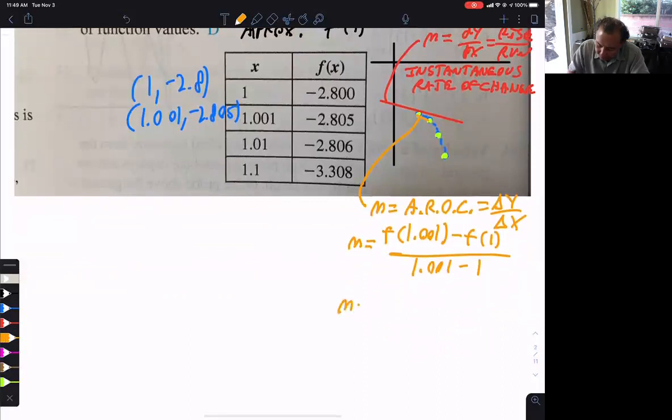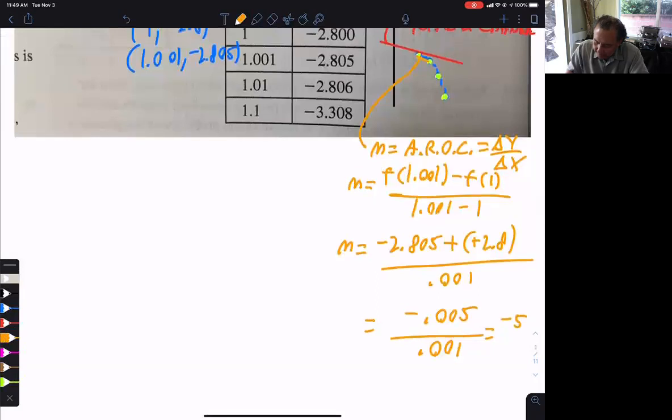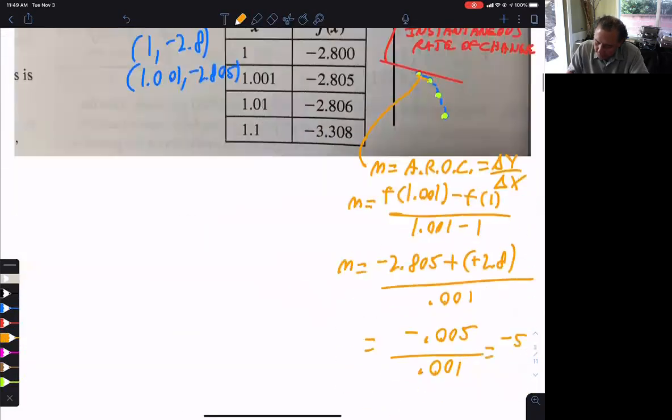That will be negative 2.805 minus negative 2.8 all over 0.001, which becomes plus positive. It's going to be negative 0.005 over 0.001. Multiply top and bottom by 1,000. You get negative 5. Whoa, what just happened?